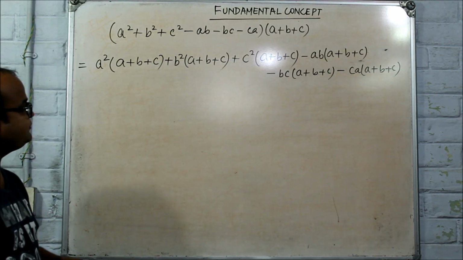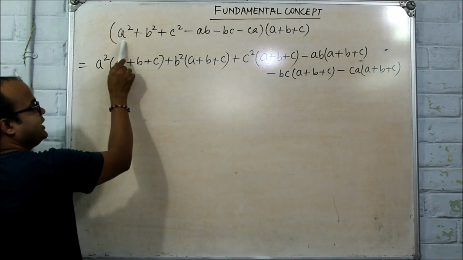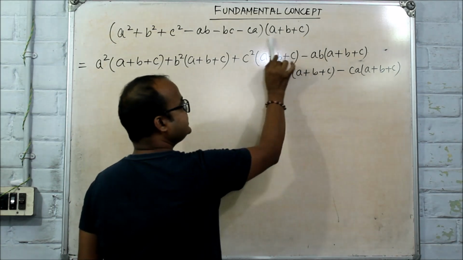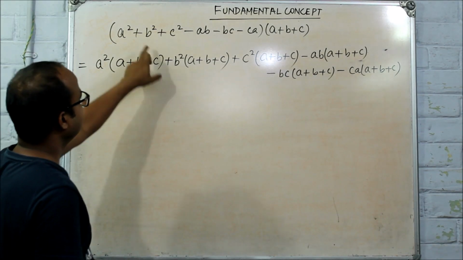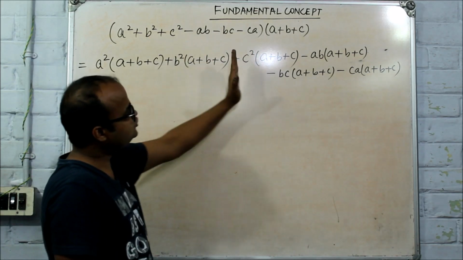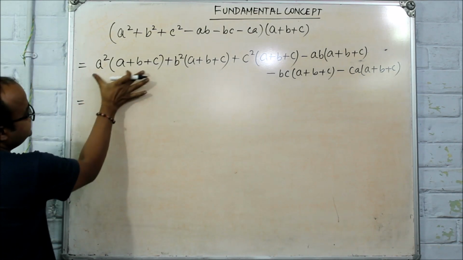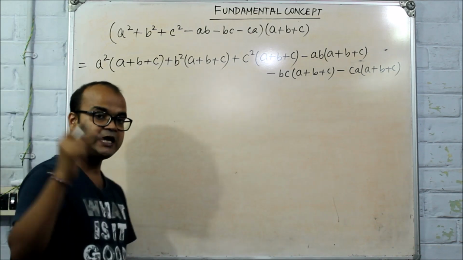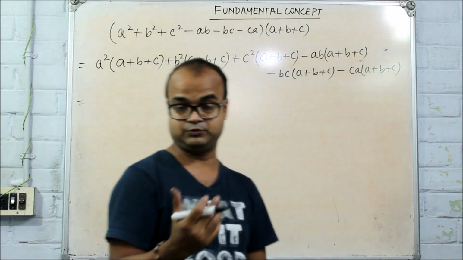So I think the first step is clear to you. Take the first term, that is a square, and multiply with the entire second polynomial. So a square multiplied by a plus b plus c, then b square multiplied by this, and so on. Now see, each multiplication is like multiplying a monomial with a binomial or trinomial.